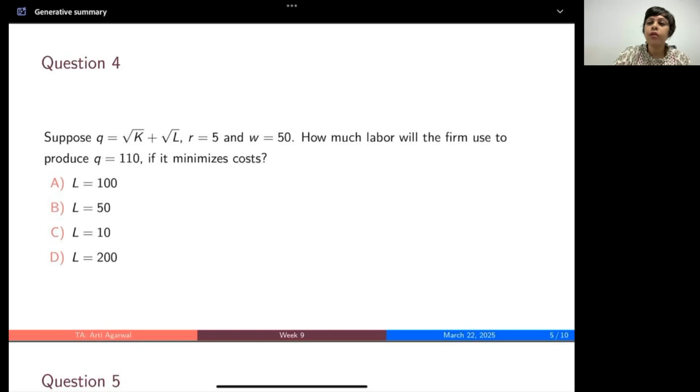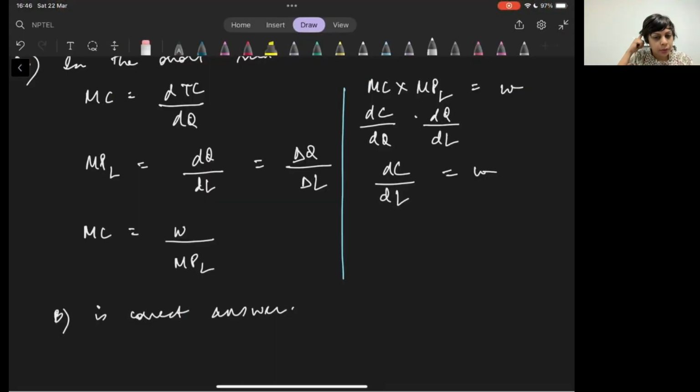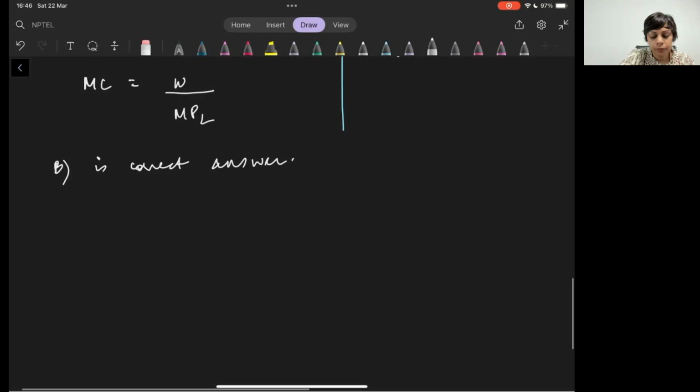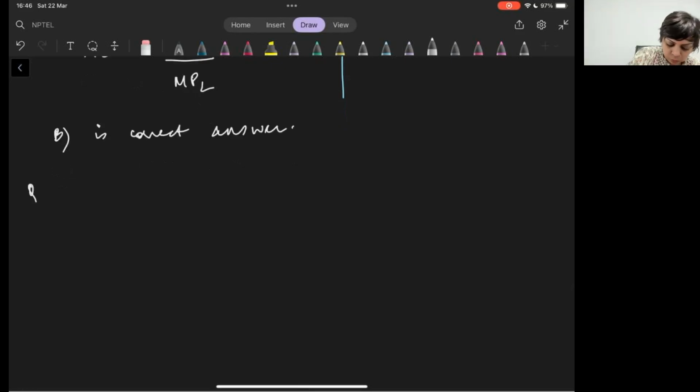The maths in this question is very similar to how we were doing the utility maximization problems. If you want, I'll wait for a few minutes, otherwise I can solve it. Does anybody remember how we calculated quantities of different goods, good one and good two, given certain criteria for utility maximization and a utility function?